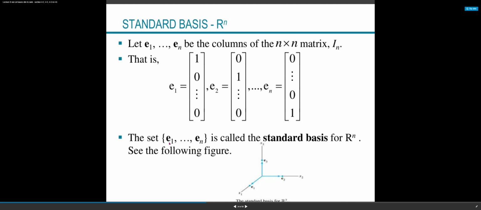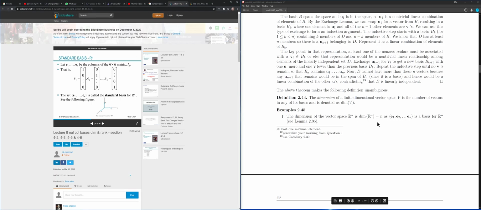E1 is this one with 1 in the first position, and En has 1 in the nth position, which is the last position here. So E1 to En is your standard basis for Rn, and you have n vectors. That tells you that the dimension of your vector space Rn is in fact n.